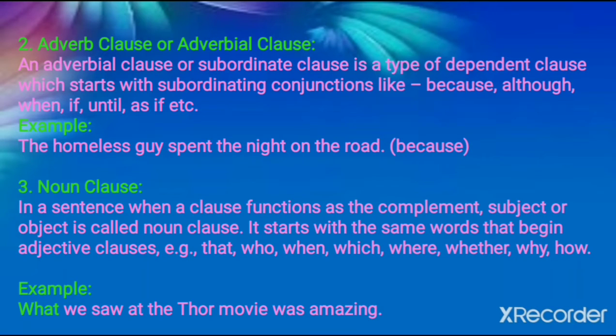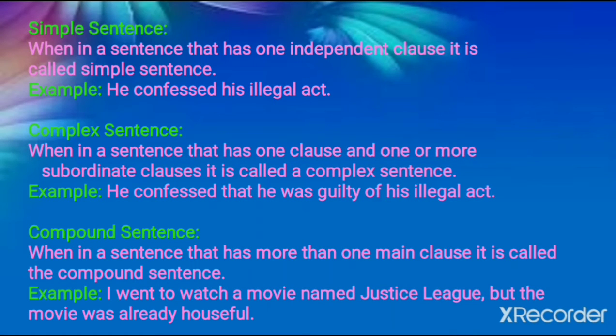So, students, to understand the types of transformation of sentences, we need to know the definitions of simple sentences, complex sentences, and compound sentences. Simple sentence: a sentence that has one independent clause. For example, he confessed his illegal act. Complex sentence: a sentence that has one main clause and one or more subordinate clauses.